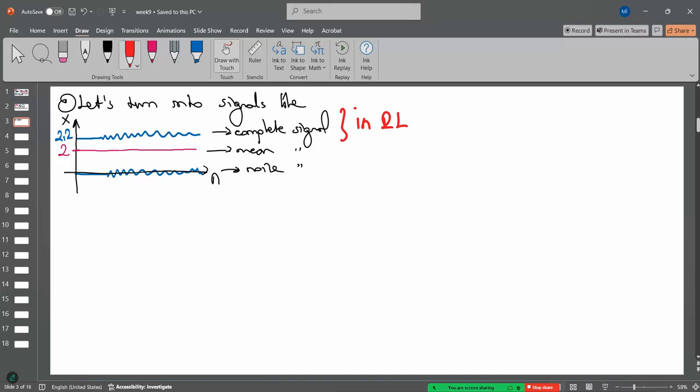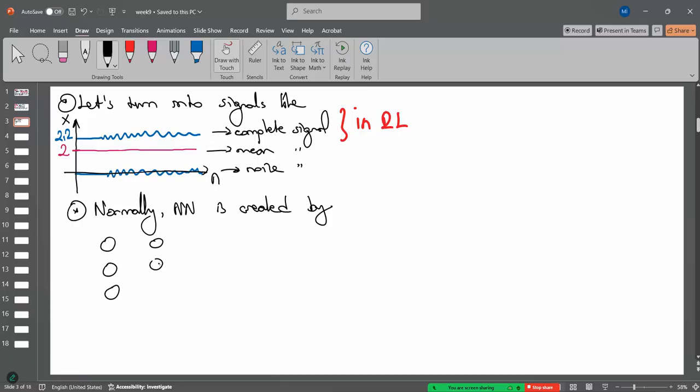So how can we do that? Firstly, we need to draw this diagram. Normally the NN is created with input, hidden and output neurons. But suppose that we have this three-neuron structure here.